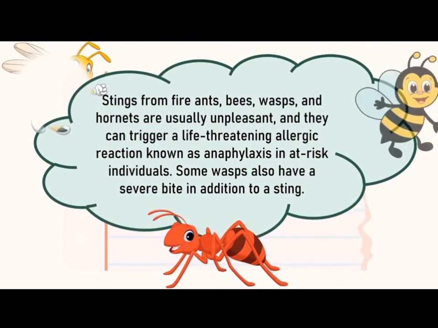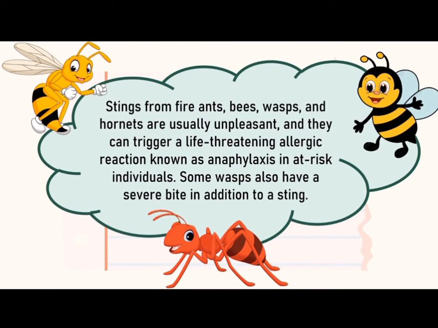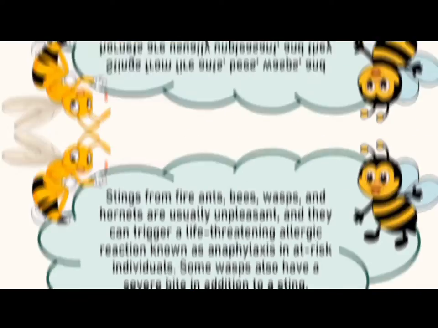Let me tell you something. Stings from fire ants, bees, wasps, and hornets are usually unpleasant, and they can trigger a life-threatening allergic reaction known as anaphylaxis in at-risk individuals. Some wasps also have a severe bite in addition to a sting.